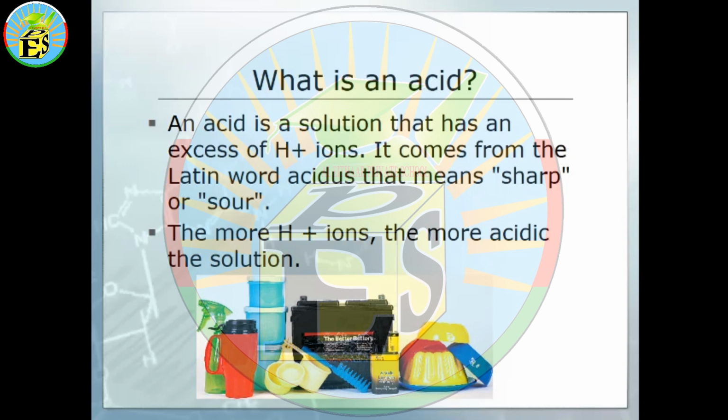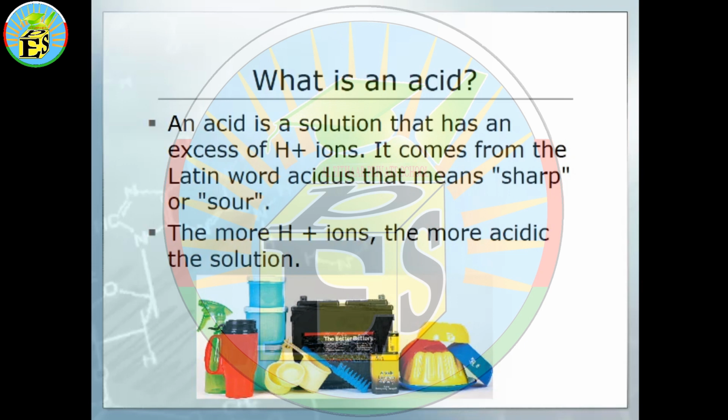So anything which is sour will be acidic. Anything sour will have some sort of acid inside it. The more H positive ions in a substance, the more acidic it will be. Fewer H positive ions, less acidic.